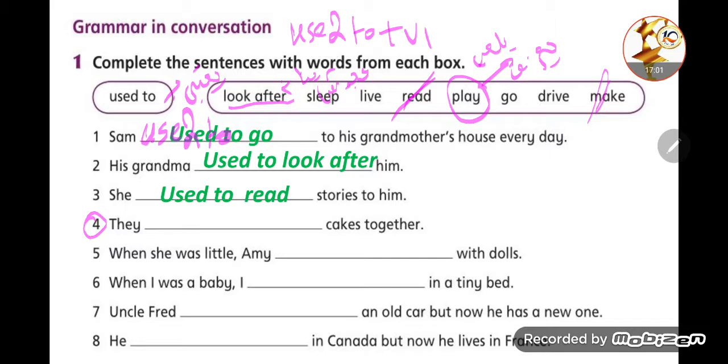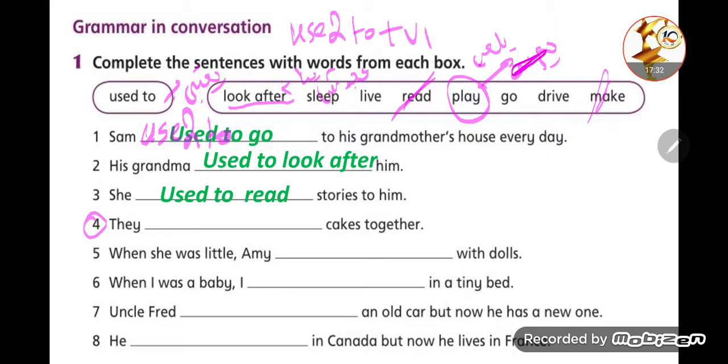Number five: when she was little, Amy with dolls. Sorry, I told you that I messed up with another exercise. Here, play comes in two meanings. We said that a word in English can have more than one meaning. Play can mean to play, to play an instrument, or a play as a noun.